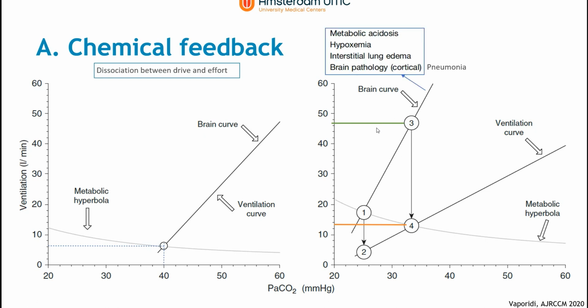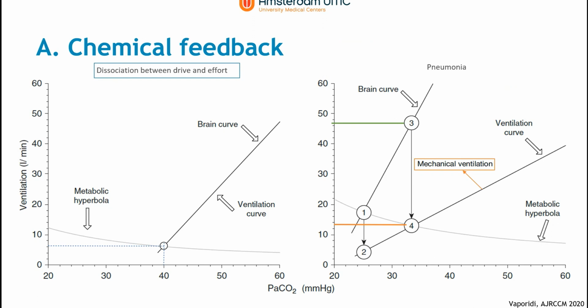So a shift in the brain curve to the left might occur in the case of metabolic acidosis, hypoxemia, interstitial edema, and so on. A rightward shift might develop in metabolic alkalosis, hyperoxemia, of course sedation. Sedation makes the brain less sensitive to ventilation.